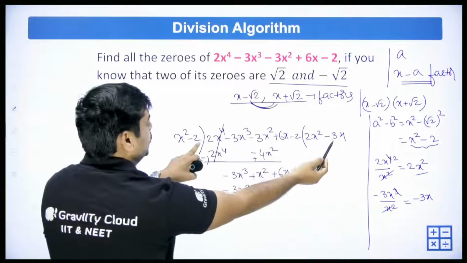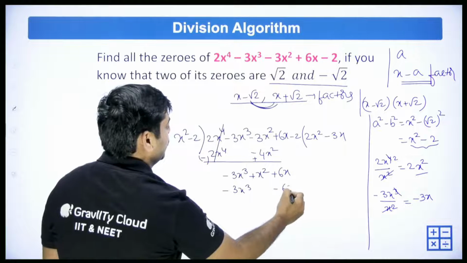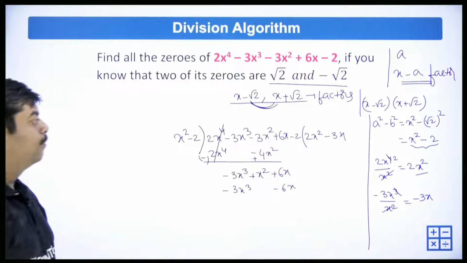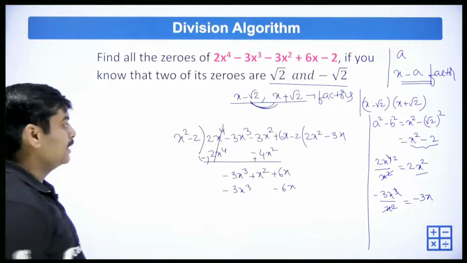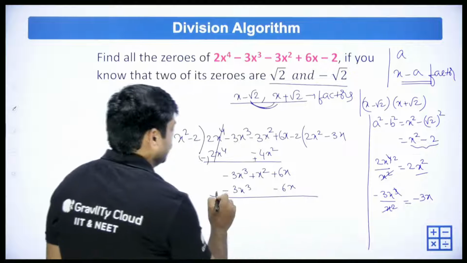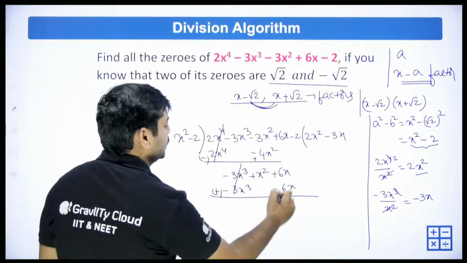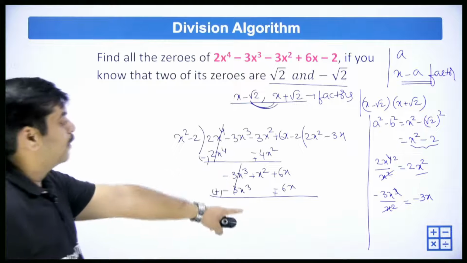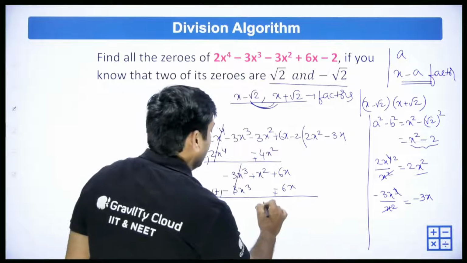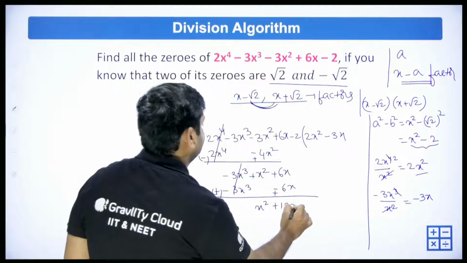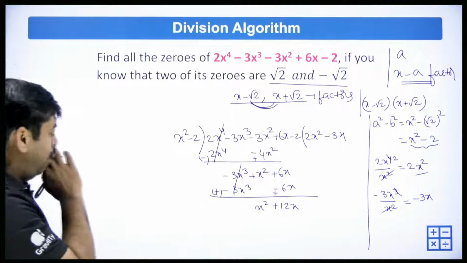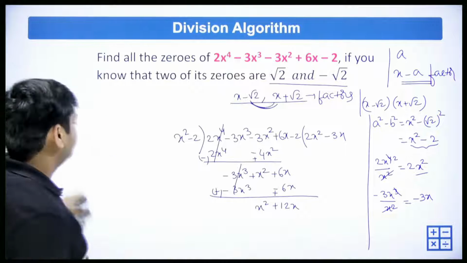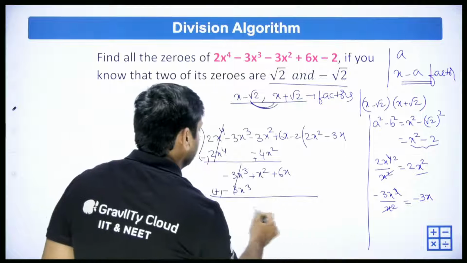Minus 2 into minus 3x is plus 6x. If you subtract, these two get cancelled. We have done some small mistake. It's not plus 12x.